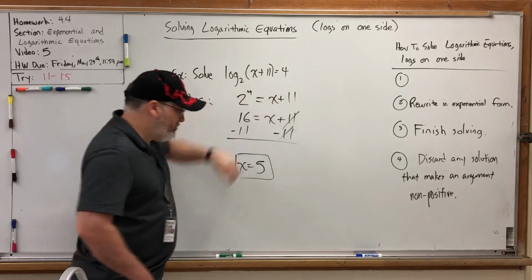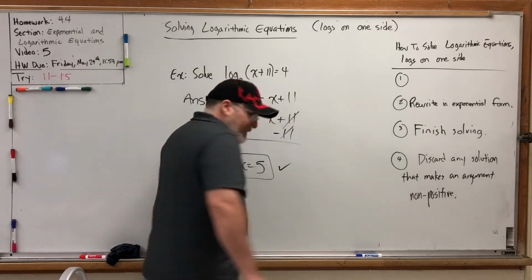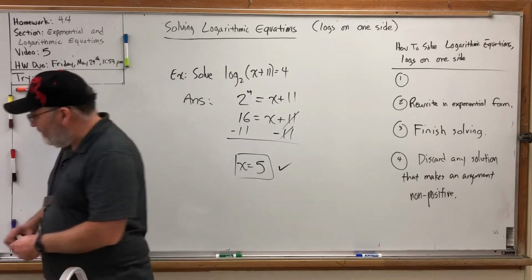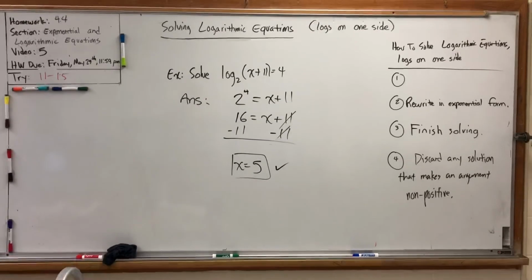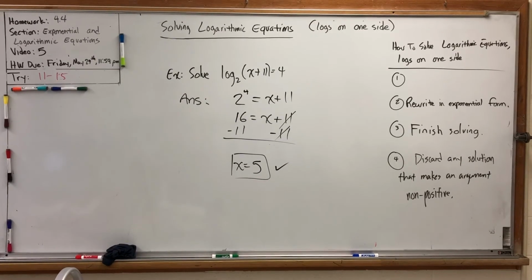In this case, yes. Now, the implication here is that there will be some examples where the answer will be no, where we will put a tentative solution into the original equation, and it will cause the argument of a logarithm to be negative. Hence, we would throw it away. That would be an extraneous solution.